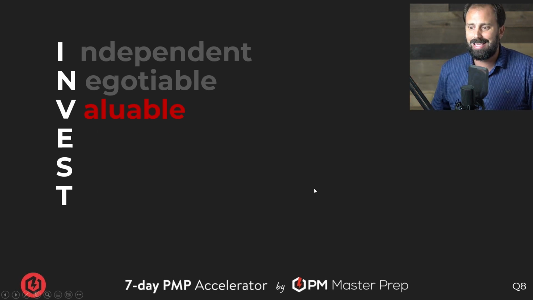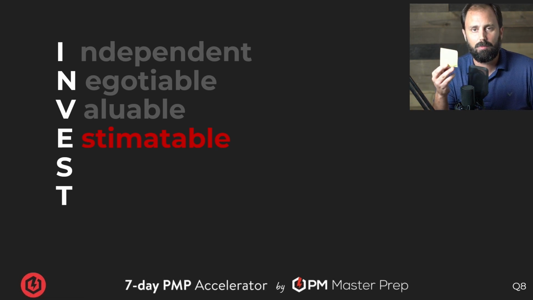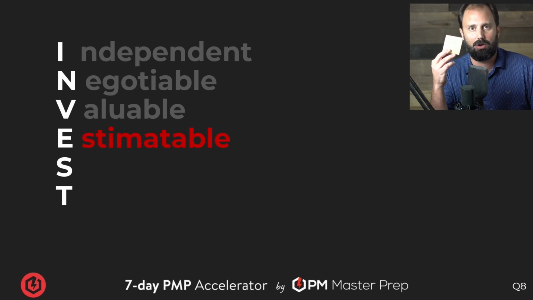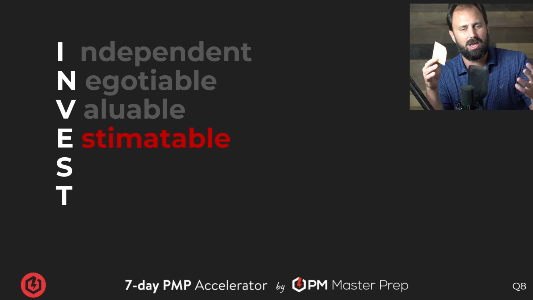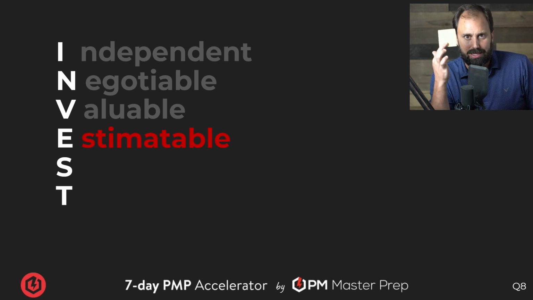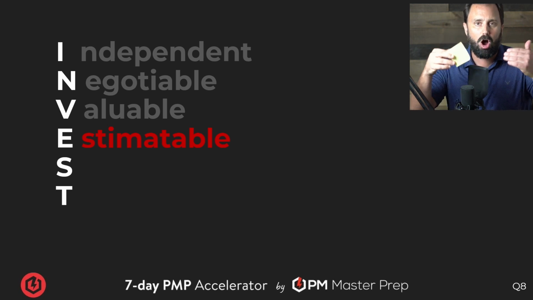Next, we go on to E. It's estimatable. As we're writing it, let's make sure it's estimatable, meaning we can understand it, we can quantify it in its complexity and difficulty, those kinds of things. We don't need to get down to this will take 12 hours. That's the wrong way to think about estimation in Agile. It's very hard, and it's the wrong way to look at things.